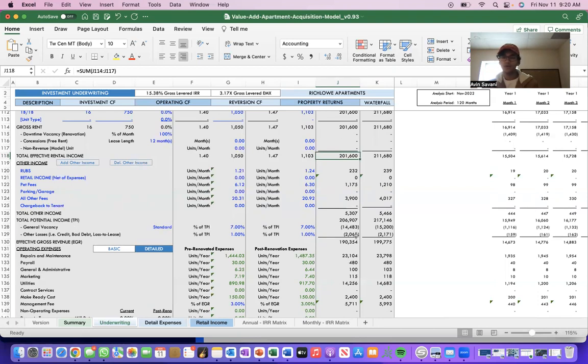Once you net all of that out, you're going to get your effective gross revenue. And your effective gross revenue is really important because this is what the asset management fee and the property management fee are a percentage of, right? So good asset managers and property managers strive to maximize this amount, because that's essentially their payment, right?